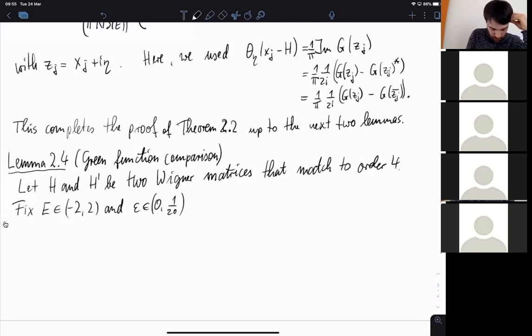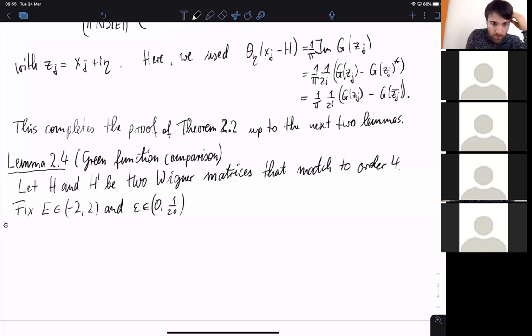So this has two parts. The first part is that we take 1 over n squared expectation trace G(z) trace G(w).